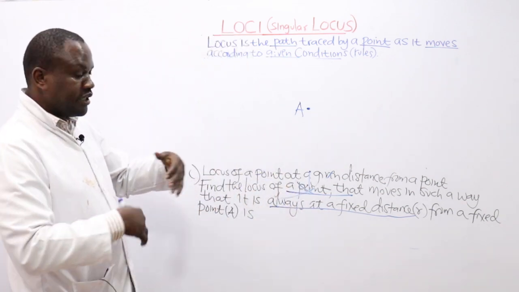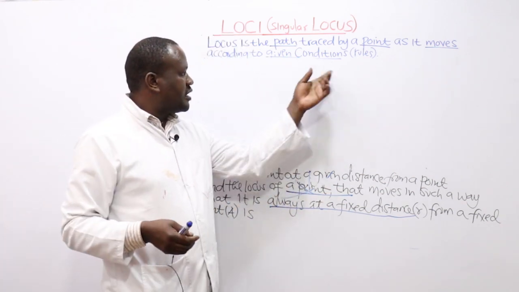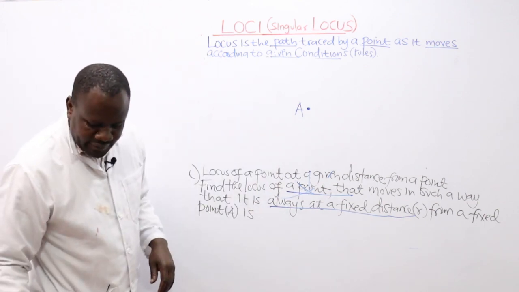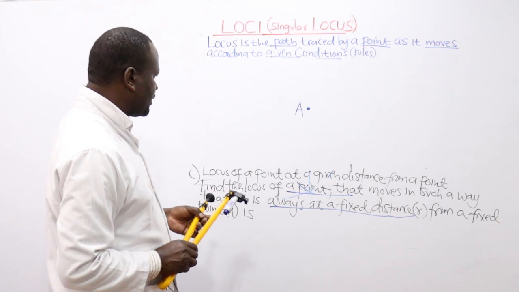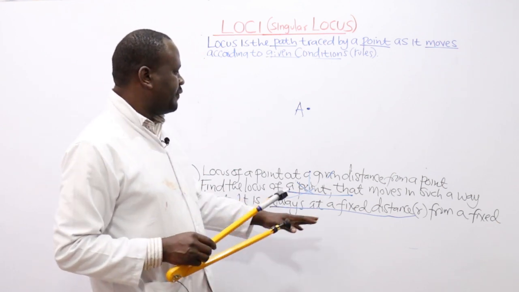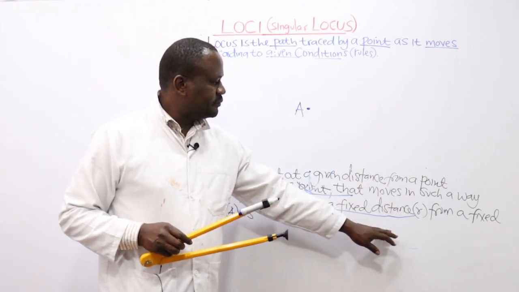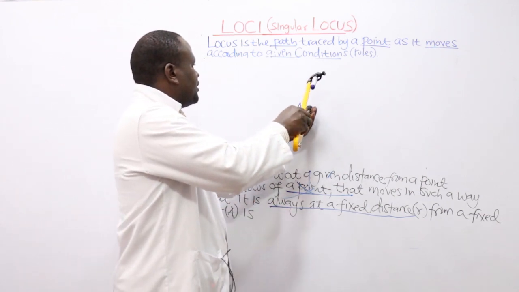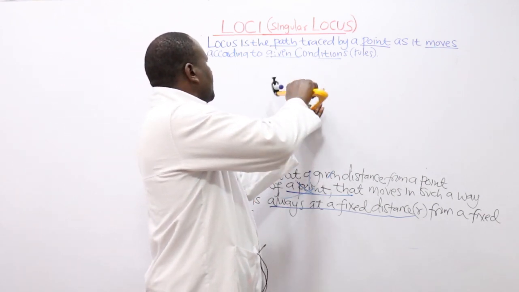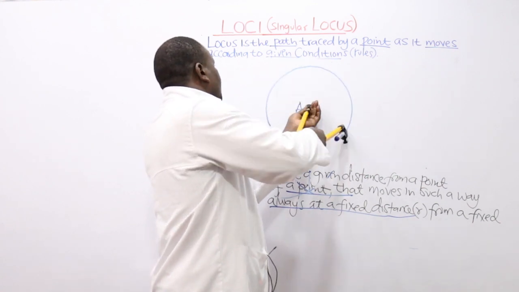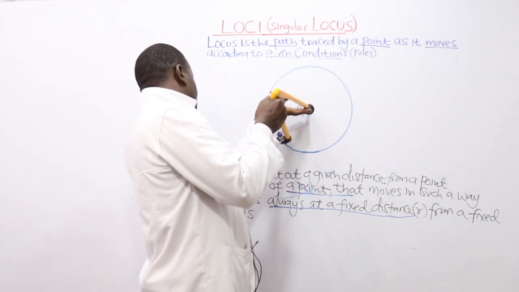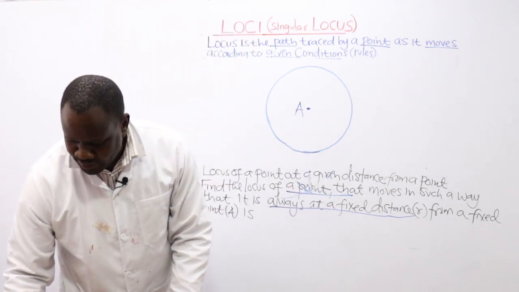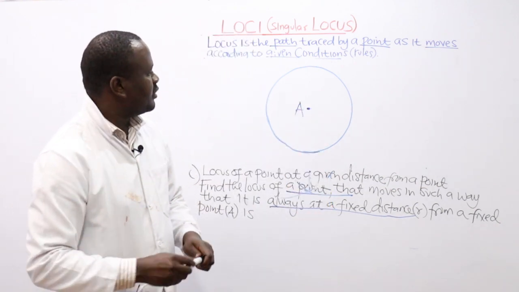So you can imagine a goat which is tethered here. So there is a locus of a point that moves such that it is always at a fixed distance from a fixed point A. So we shall have to draw a circle. Why? Because the point could be anywhere along the circumference.